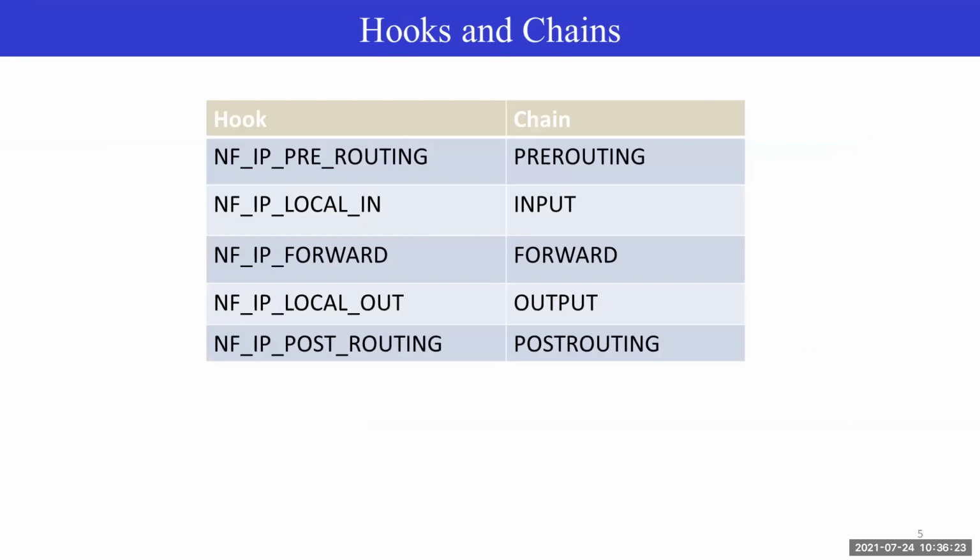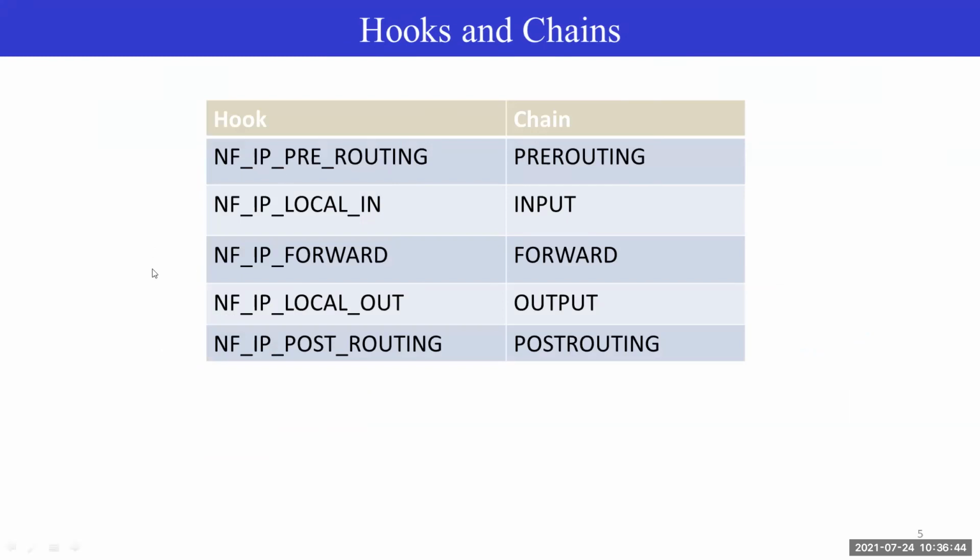The hook points are at the kernel level: PREROUTING, LOCAL_IN, FORWARD, LOCAL_OUT, and POST_ROUTING. Correspondingly, there are chains at the user level, particularly iptables, to which you can add iptables rules.